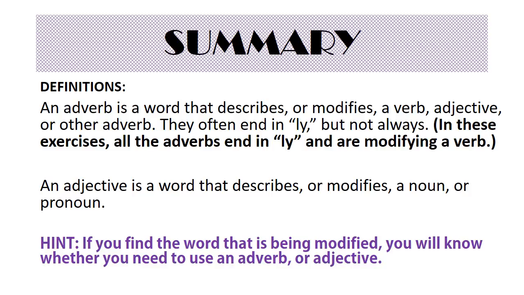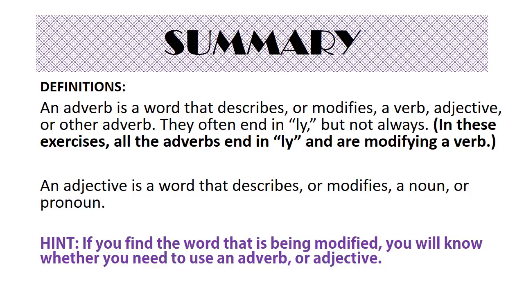And very is also an adverb describing how fast he was driving. But that's another story. Today we're just focusing on adverbs ending in ly and adverbs that are modifying a verb. They're the only adverbs we've been covering in this little exercise.